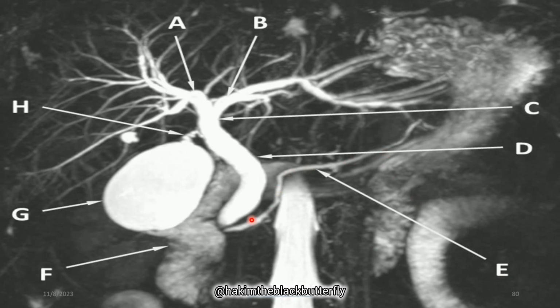Okay, so this is an MRI picture. It's a magnetic resonance cholangiopancreatogram picture that's going to be obtained with the help of an MRI to visualize the bile ducts and also the pancreatic duct.